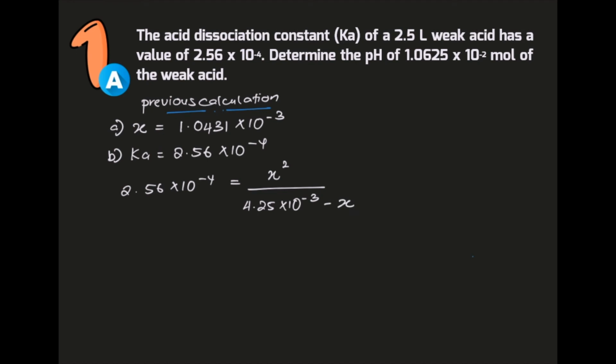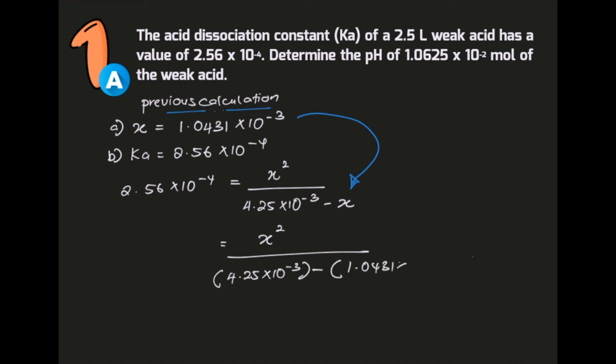So initially when we calculated just now, the value of x is equivalent to this one. So we are just going to substitute this into this x. So what we shall get is equivalent to x squared divided by 4.25 times 10 to the power of negative 3 minus 1.0431 times 10 to the power of negative 3.